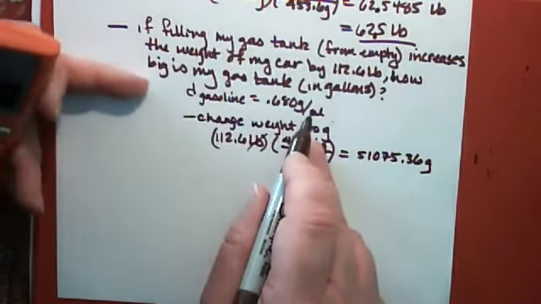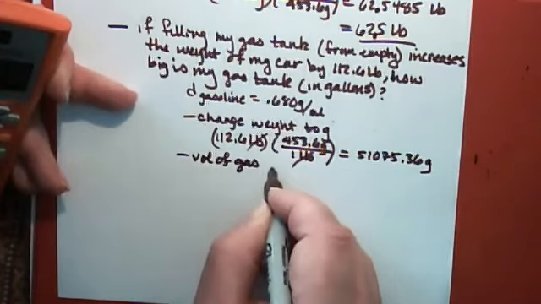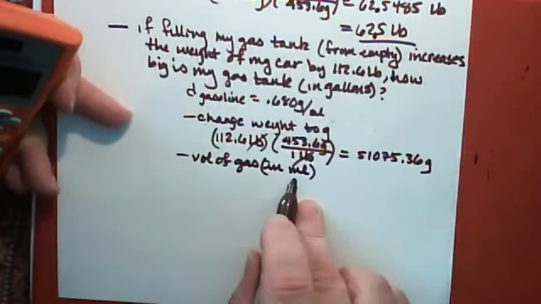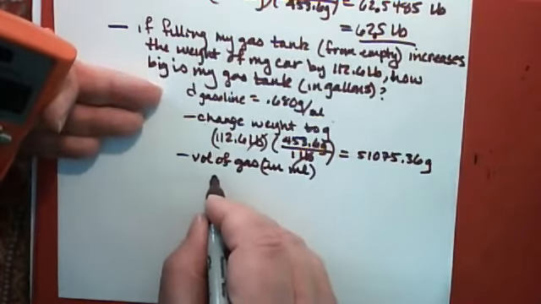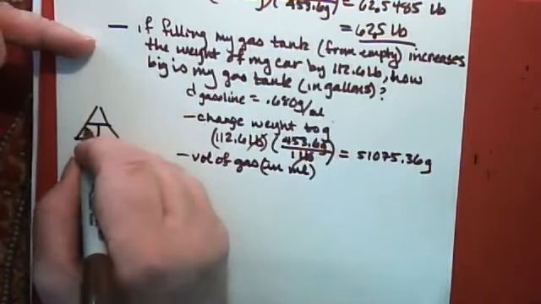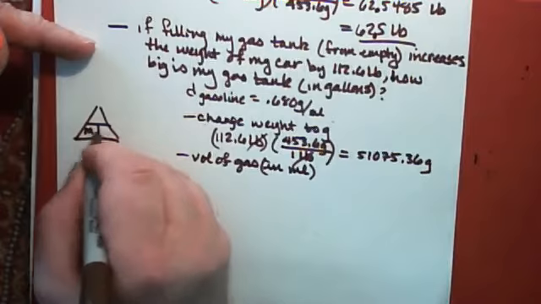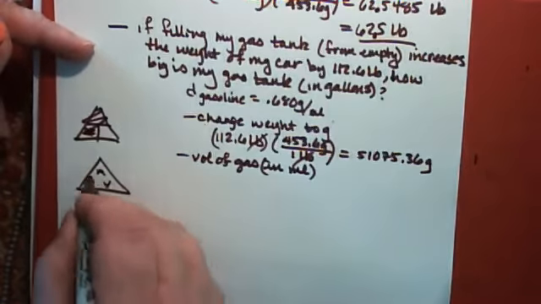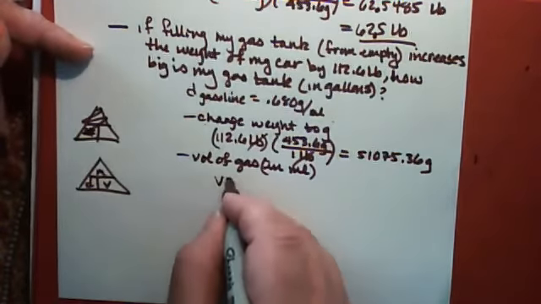Okay, so the volume of the gas would be easy enough to find, but it will come out in milliliters. So we have volume from our triangle. Sorry. Yeah, let's try that again. Density is mass over volume. So volume would be mass over density.